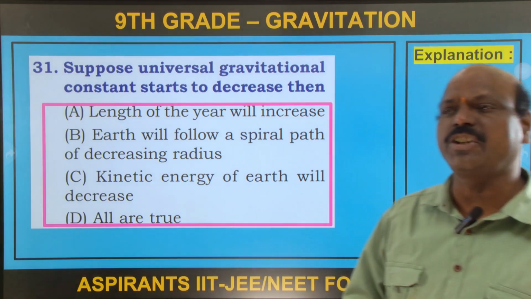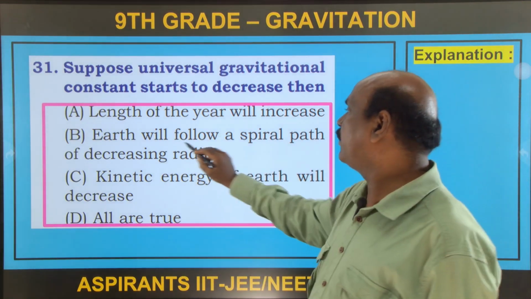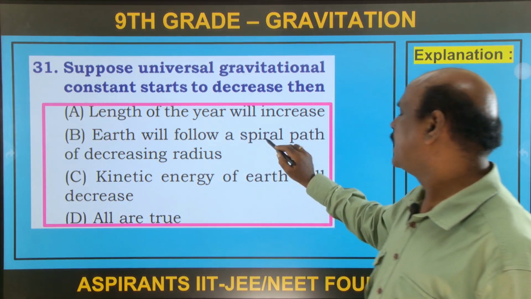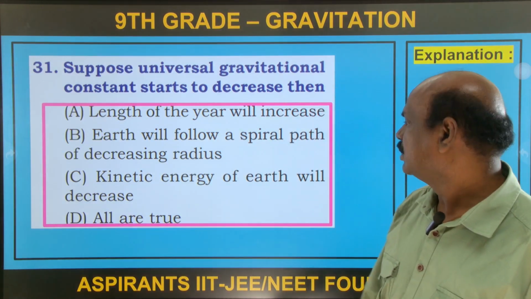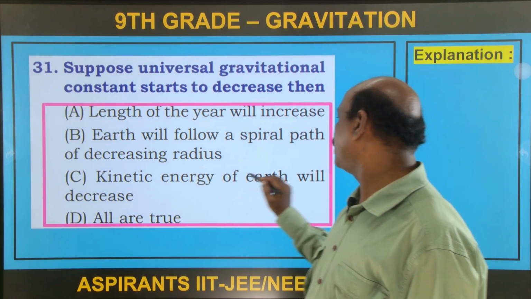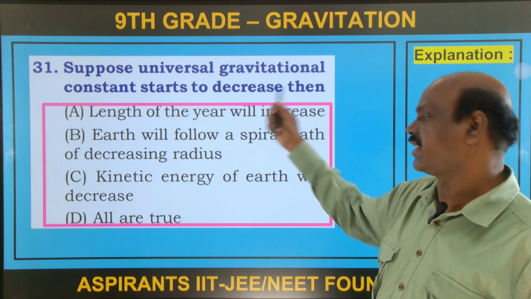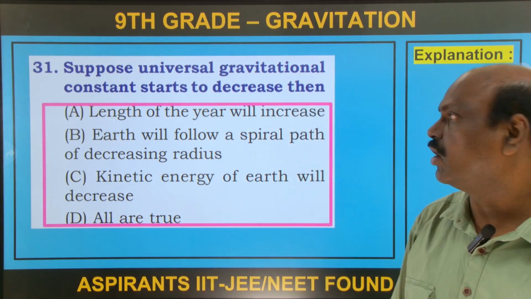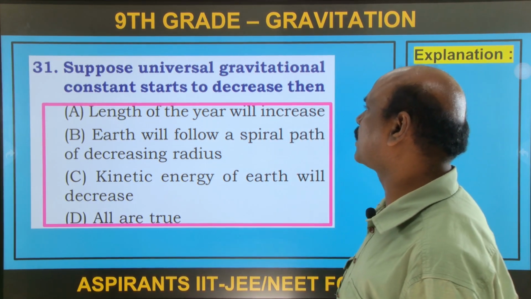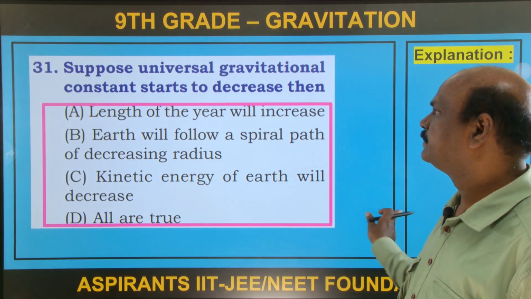As the force is reduced, the time taken per revolution may be increasing. Earth will follow a spherical path of decreased radius, then the kinetic energy of the earth will decrease. That only we said, as the kinetic energy decreases, the year will increase. So all of them are true. We see that all these statements are true as per the universal gravitational constant.